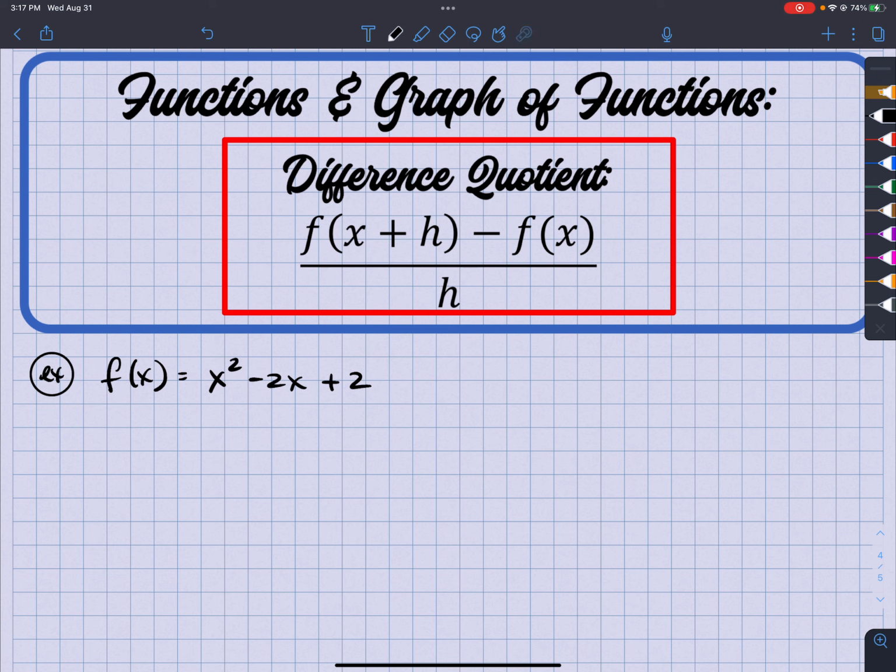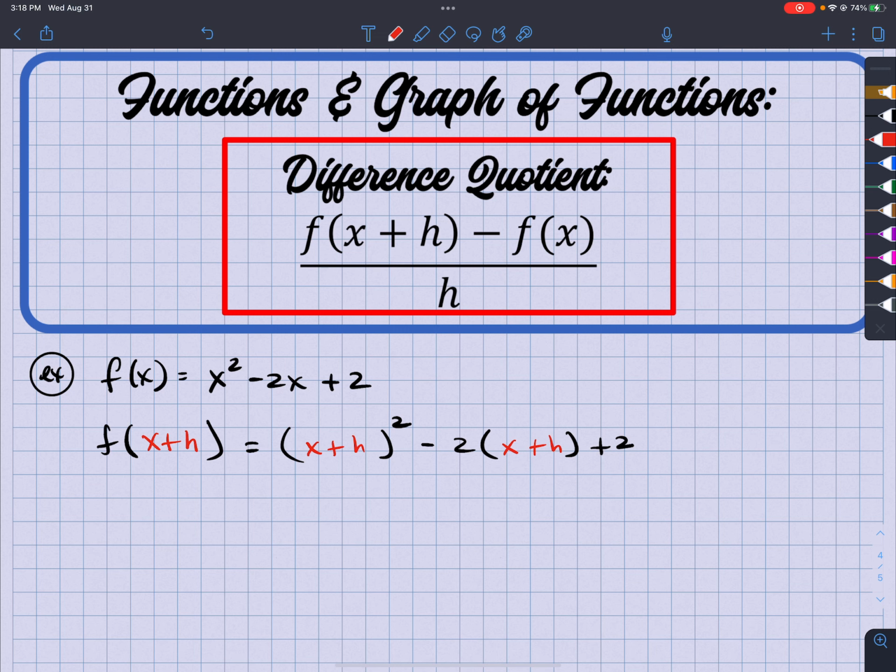So in this case, f of x is already there. What I need to find is f of x plus h, which all this is telling me is that wherever x is, replace it with x plus h. So I have x plus h squared minus 2 times x plus h plus 2.